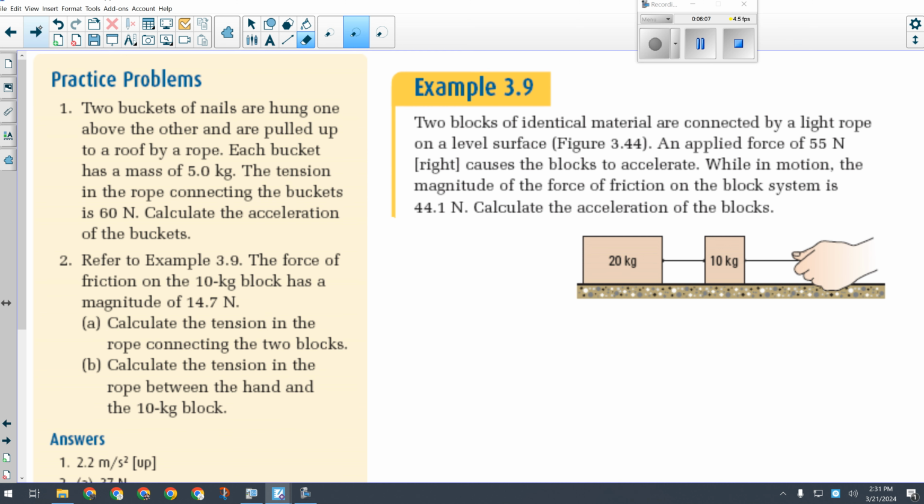So we're going to do number 2 first because that's the one I was just telling you about. We still have the same two blocks. The acceleration that we just calculated is still the same. We can still use that number.